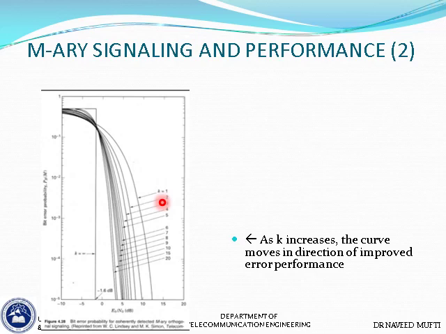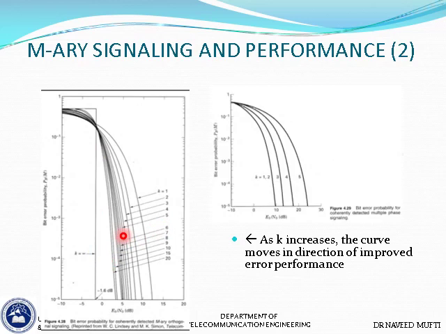As you can see, as k increases, where M is equal to 2 raised to the power k, so k is basically the number of bits, the curve moves in the direction of improved error performance. So it is approaching the ideal curve of Shannon, going in the direction of improved error performance as k increases.